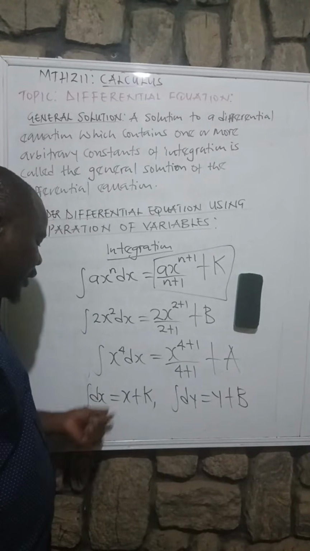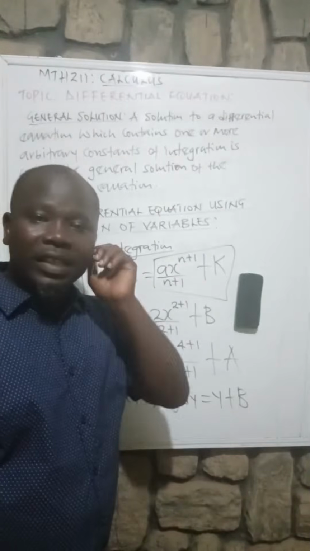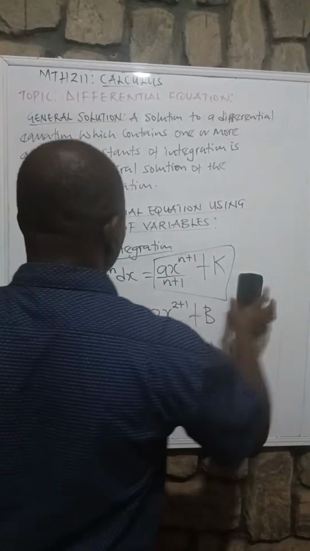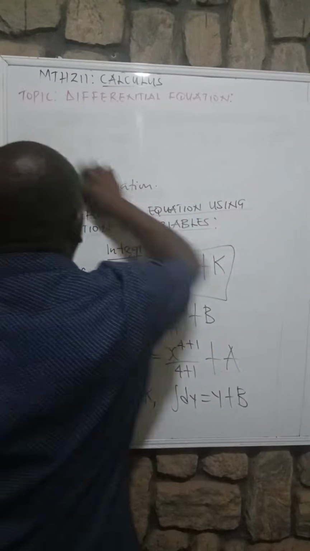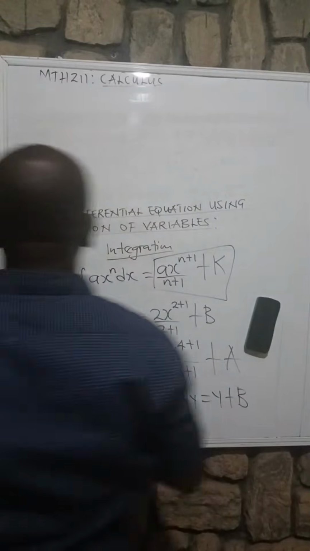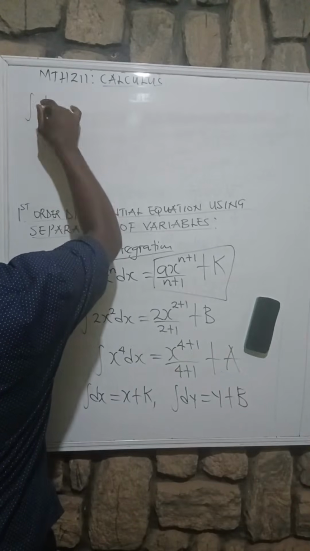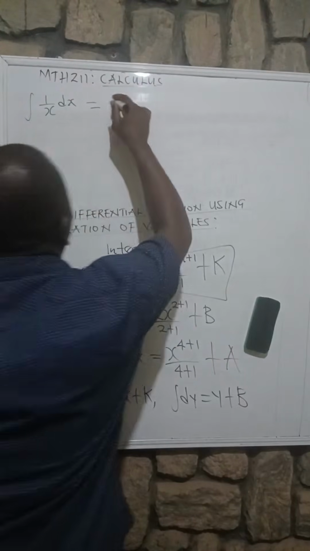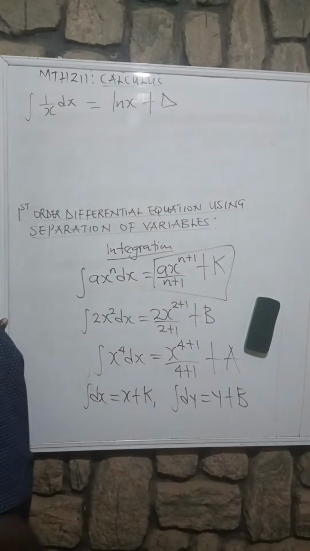If you integrate dt, you are supposed to have t plus any constant. Take note. Very important. Are you following? Okay. So far, so good. Likewise, if you are asked to integrate 1 all over x dx, it will always give you ln x plus any constant. Take note, very important.